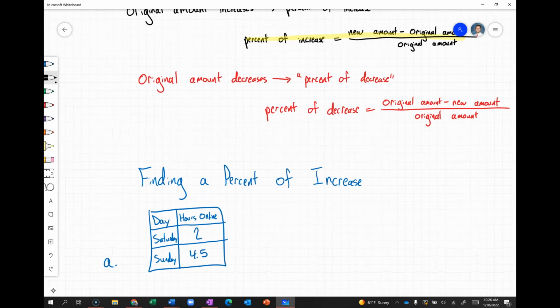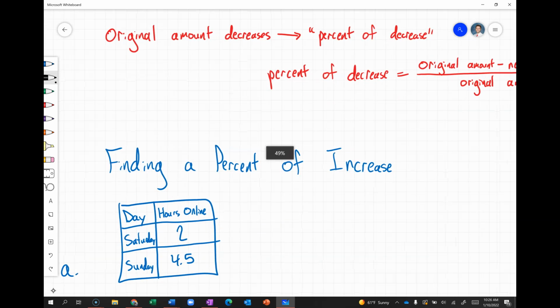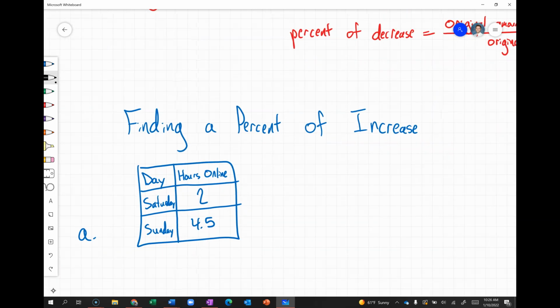So finding a percent of increase. Looking at this table, right? On Saturday, you spent 2 hours online. And on Sunday, you spent 4.5 hours online. So that percent of increase is going to be equal to the new amount, 4.5, minus the original amount, 2, divided by 2.